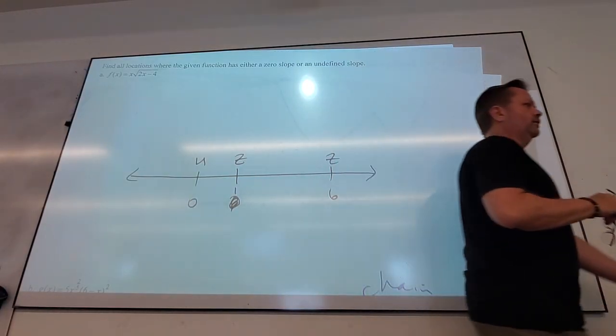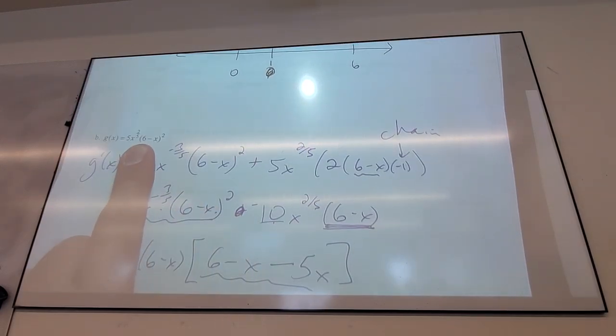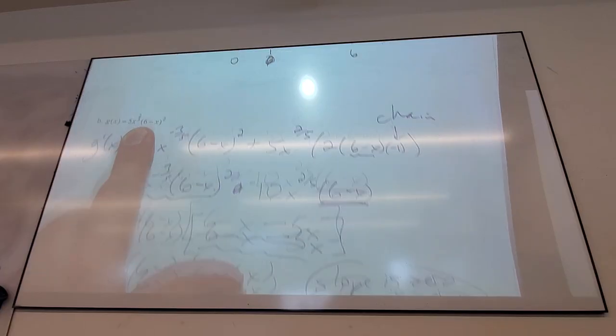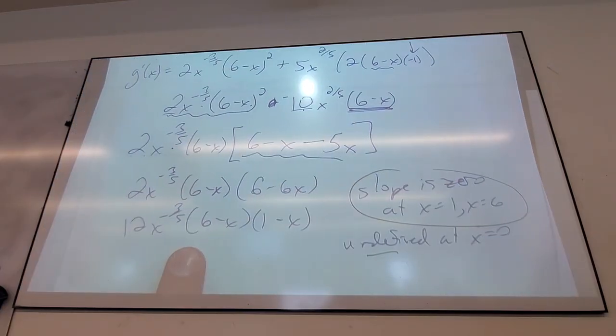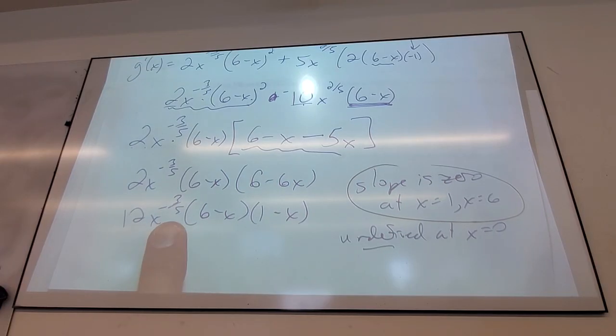Do you all agree that this function is continuous? Do you all agree that the derivative is continuous on its domain? Because it's made up of rational functions.